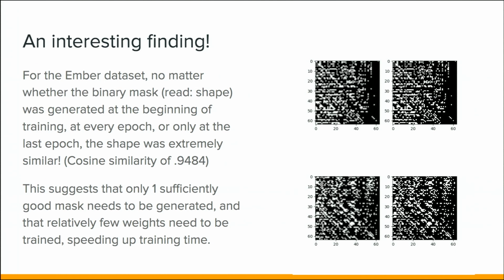And they had a cosine similarity of 0.9484, which is pretty close, and suggests that we wasted probably like 54 hours of training, which is great. It's great to know now that we don't have to do it again. Everybody can just use this mask. You don't have to worry about it.